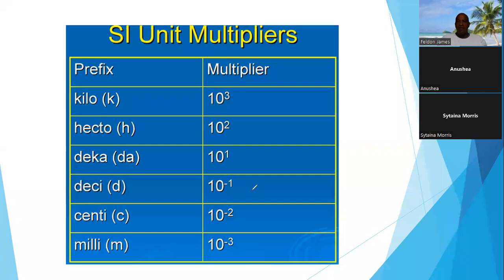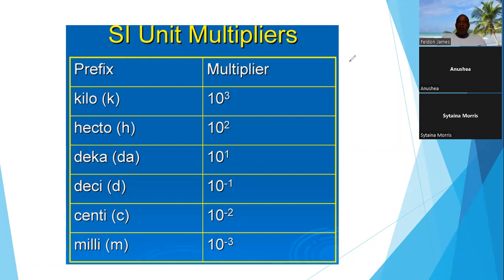All of those prefixes are what we use in what we call the metric system. But the metric system is the same system that we refer to as the SI system, because this system is based on the decimal, meaning powers of tens. All right.